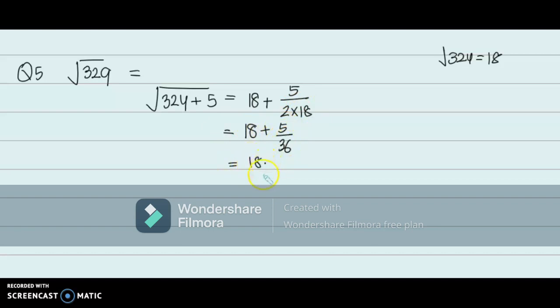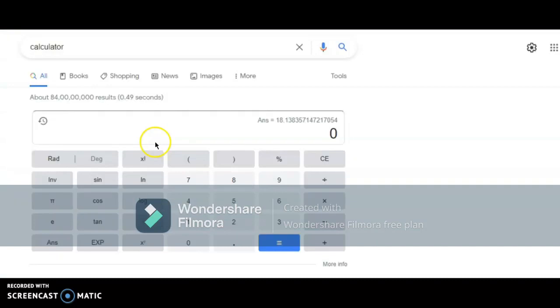18.138. This is the answer we have got by using the shortcut trick, and I will show you on the calculator also what we actually get. So here is our calculator, and I am going to find the square root of 329.